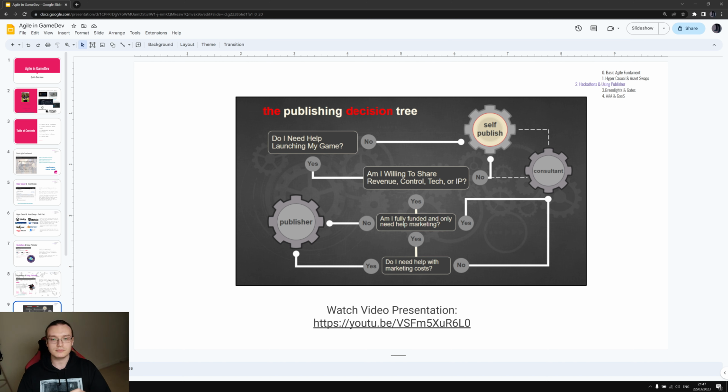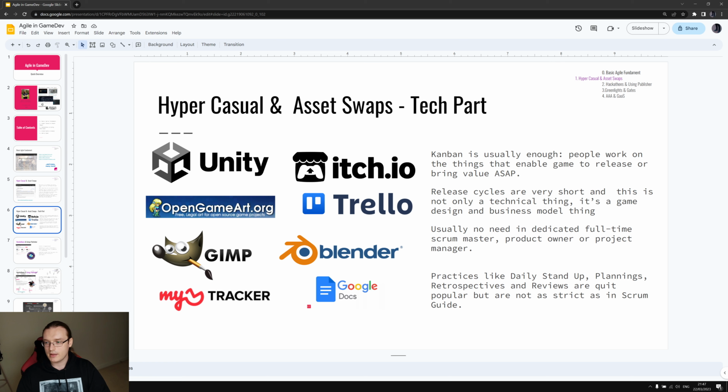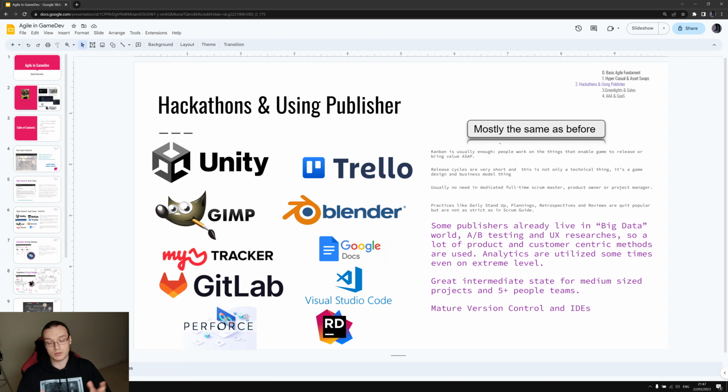So, hackathons and publishers from the perspective of technologies. I've updated the slide, so there are a couple of new names here. Mainly what I've added is version control, which is very important because you're doing prototypes, and your prototypes are going to be viewed by other people.